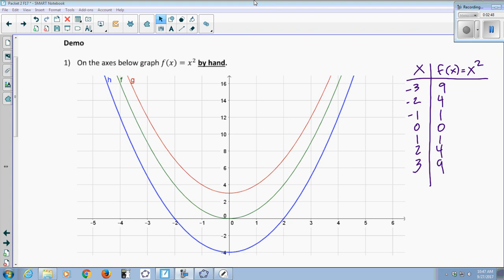Okay, I have replaced the picture we did by hand with the GeoGebra pictures of f, g, and h.